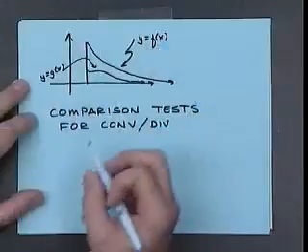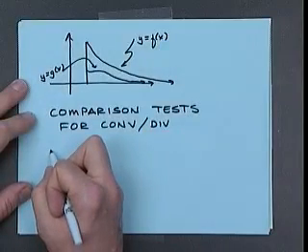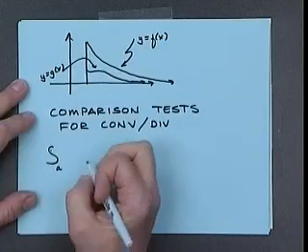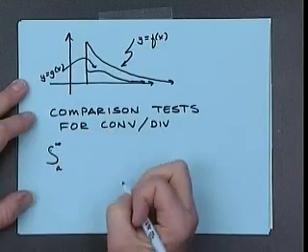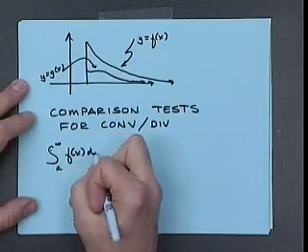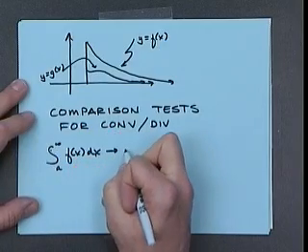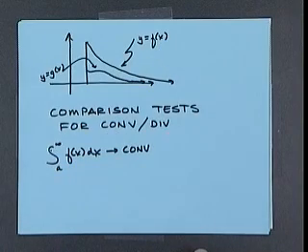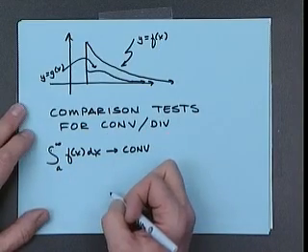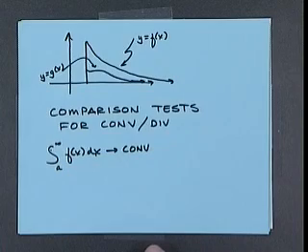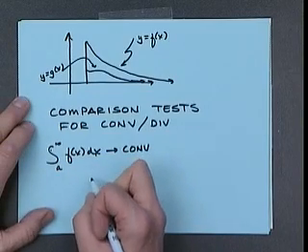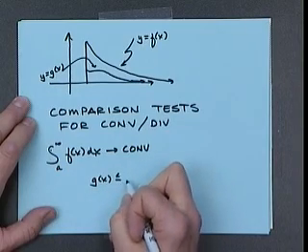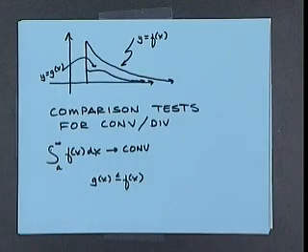So we decided that if the area under f of x from a to infinity converged, and we have this other curve that is less than or equal to in value over the entire range.